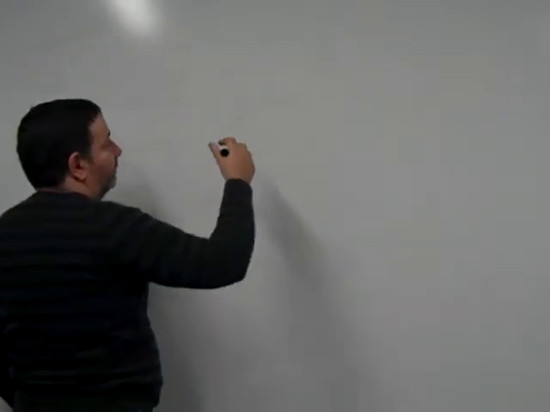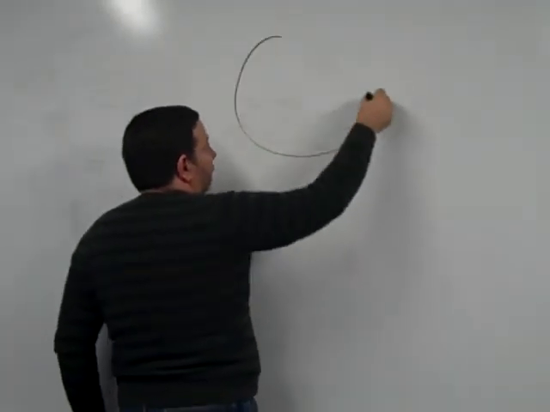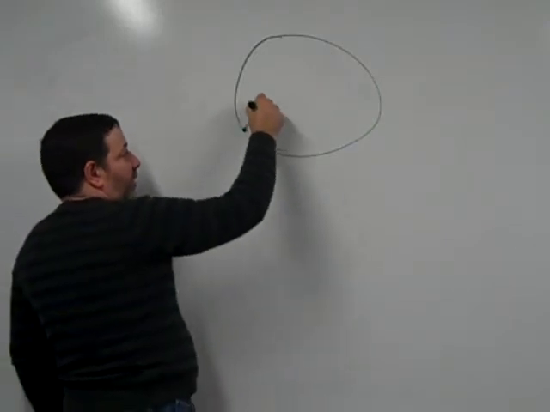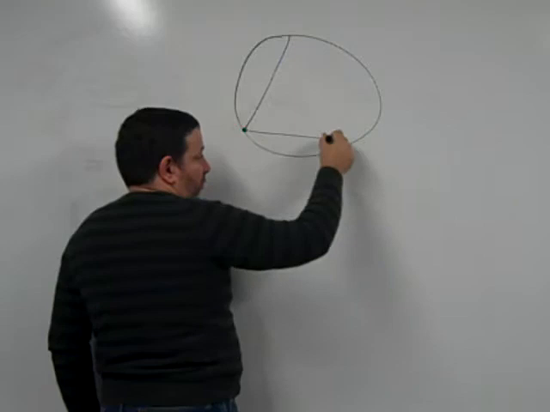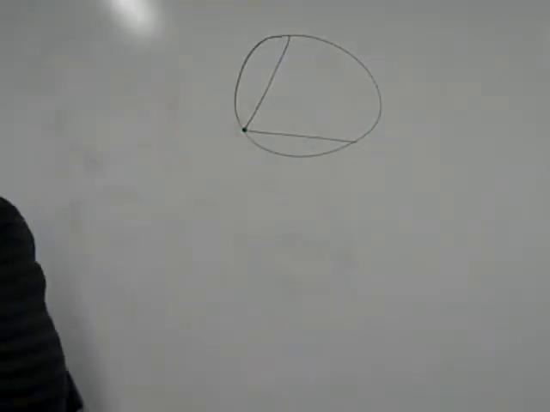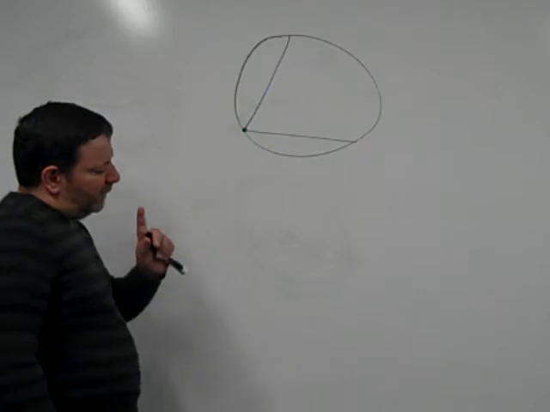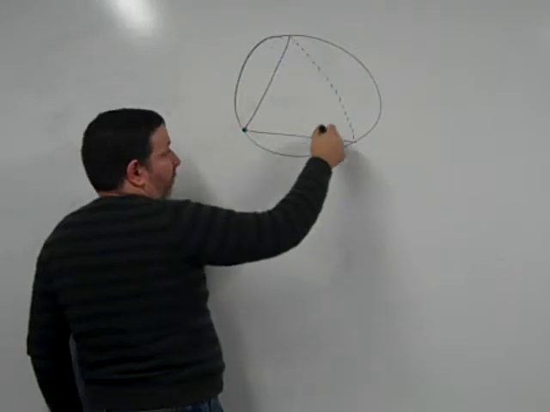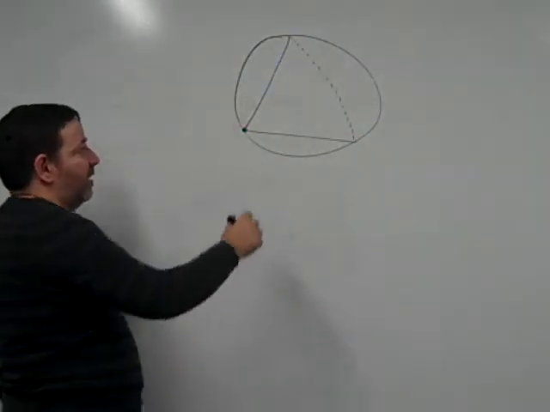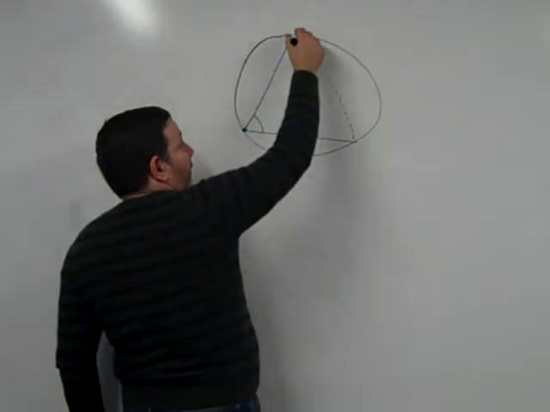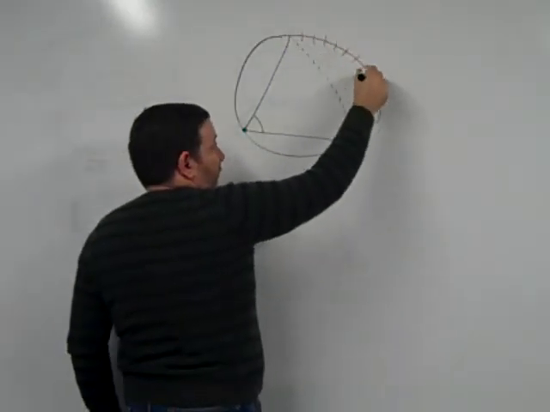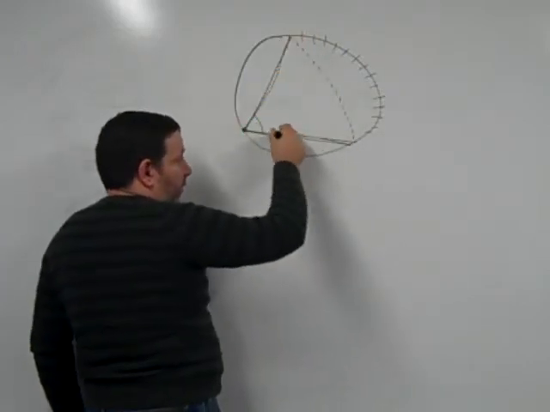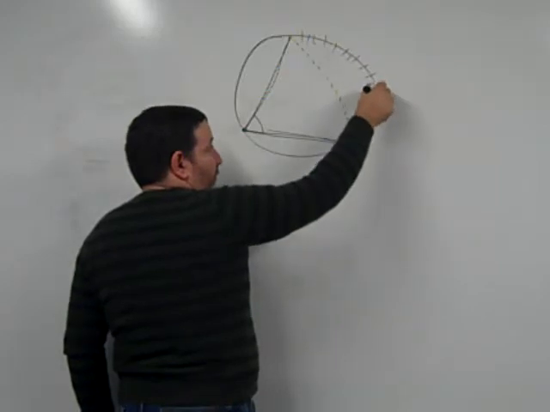An inscribed angle is you have a point and then you draw two chords to the end of the circle. Now, if we were to complete this, we now have a triangle. This angle cut off this portion, this inscribed angle cut off this arc.